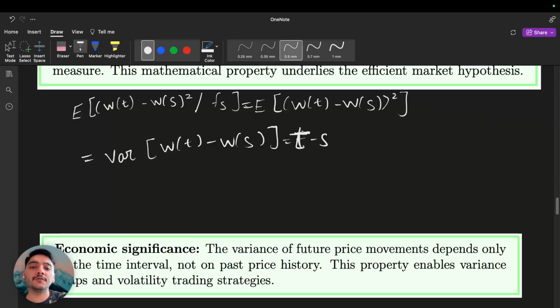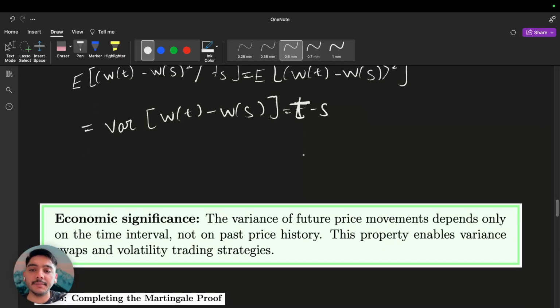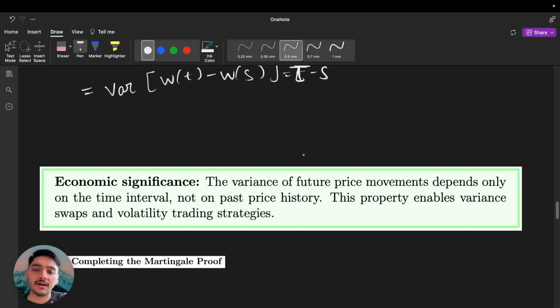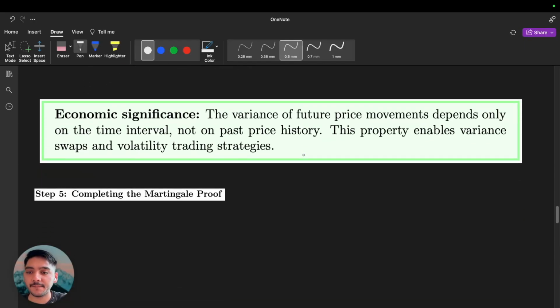So the variance of future price movement depends only on the time interval, not on past history. This property enables variance swaps and volatility trading strategies.